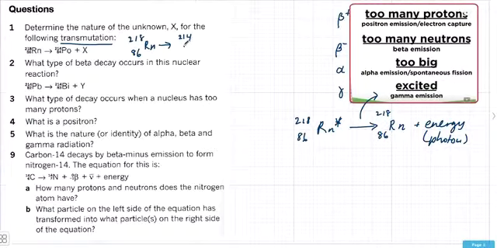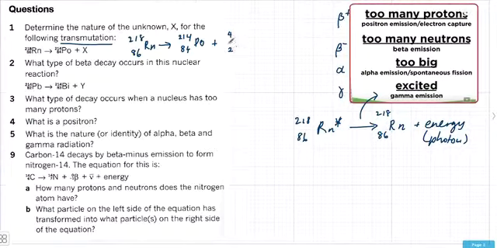So what I do is I write down what I've been given, polonium, and I look first across the top. I know I need to have the right side equal to 218, so that means I have 4 left to make that happen, and I have 2 to make 84 plus 2 is 86. So now I already know what X is.